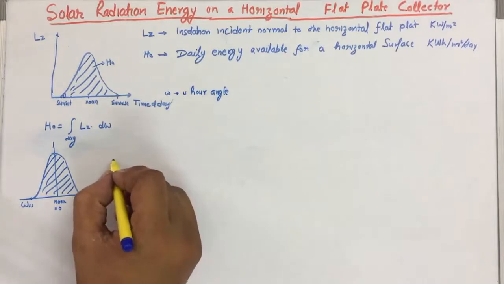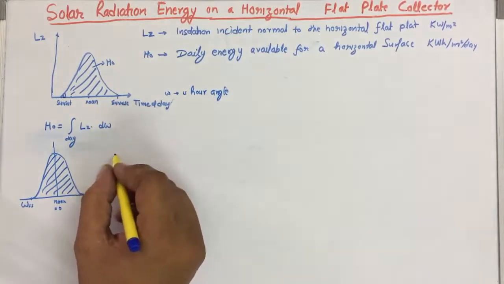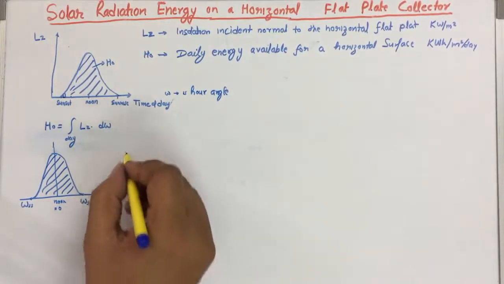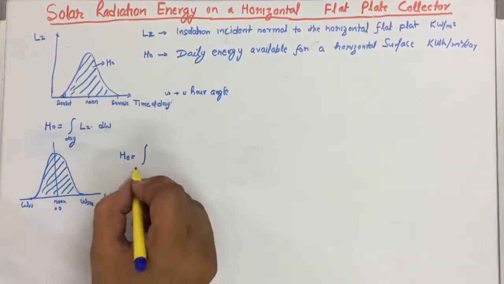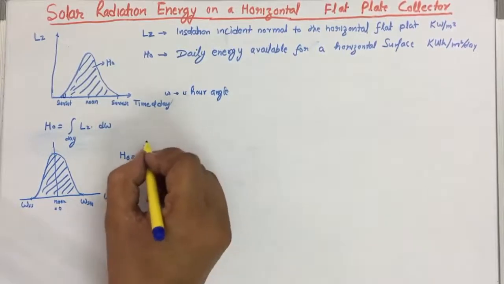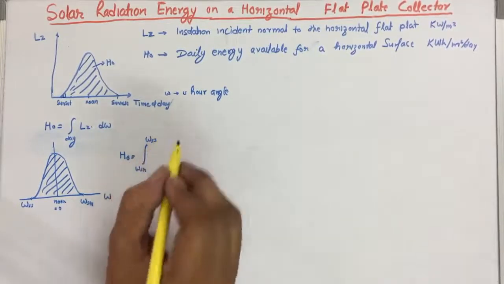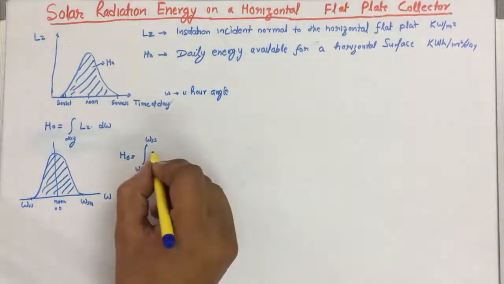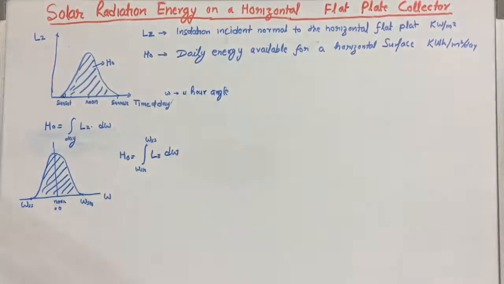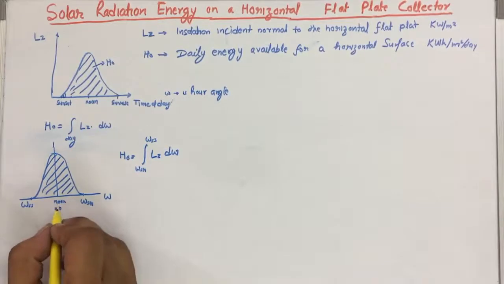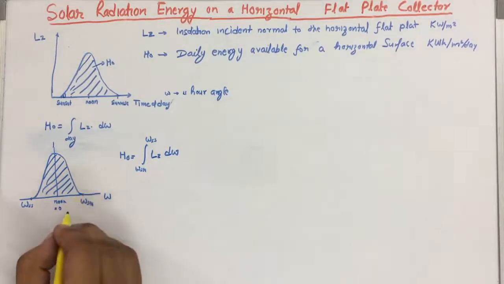From here we can again write H naught as the integral from omega SR to omega SS, sunset, of LZ into d omega, the change in hour angle.